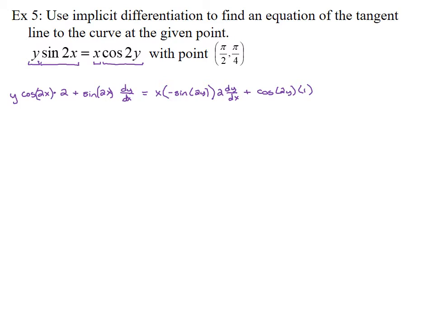Now, let's clean this up. I can write this as 2y cosine of 2x plus sine of 2x times dy dx. This is equal to negative 2x sine of 2y dy dx plus cosine of 2y.